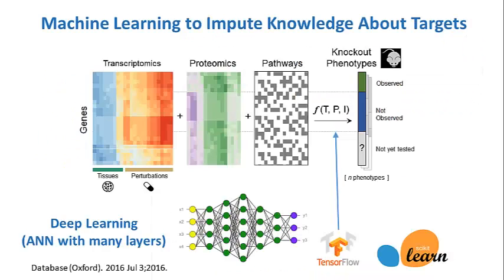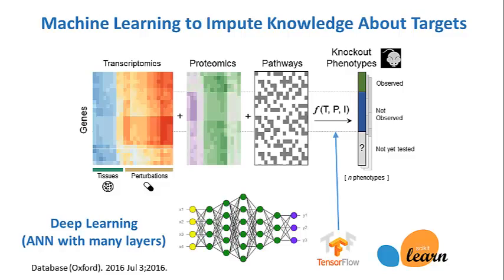Beyond serving data to the community, providing this resource to the community, it opens the opportunity to do machine learning or imputation of knowledge. In this particular case, we took the data that we processed from all of those resources, and we took some transcriptomics data. Some transcriptomics data is from tissues, like basal expression across tissues.